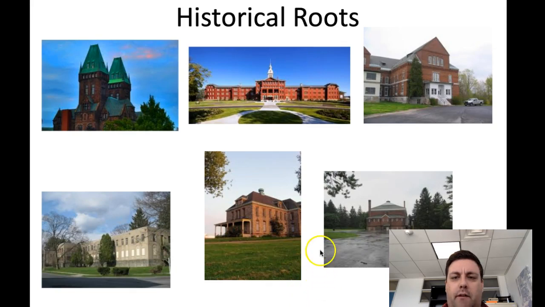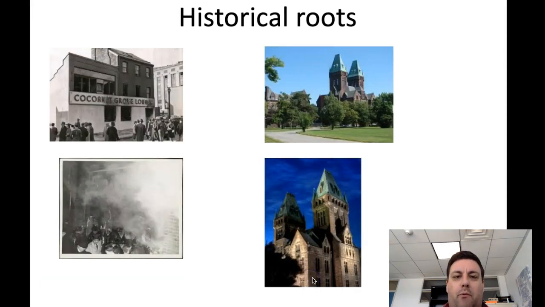But I think this is the facility that is now Van Dyke in the Finger Lakes. And this is Coconut Grove, and then this is Buffalo Psychiatric again. These two are Buffalo Psychiatric. This is Coconut Grove as well, here on the left.